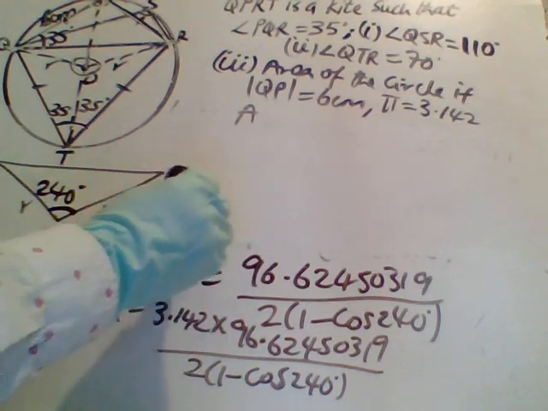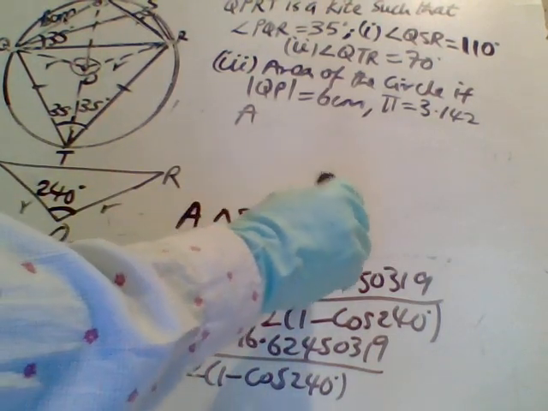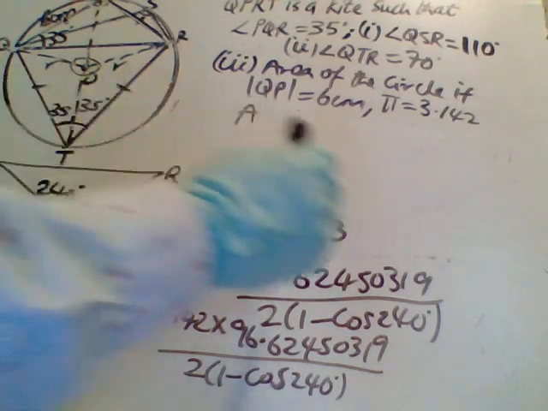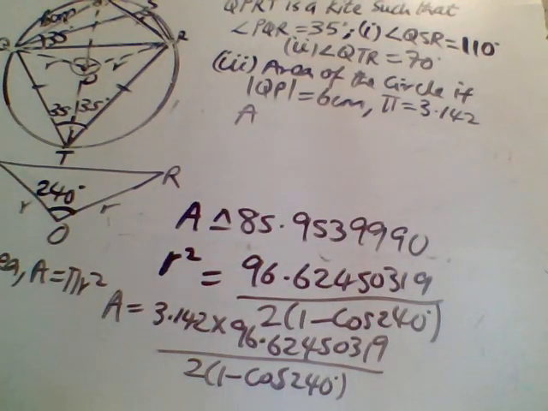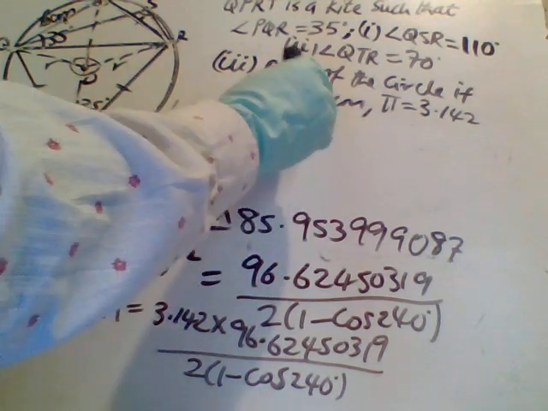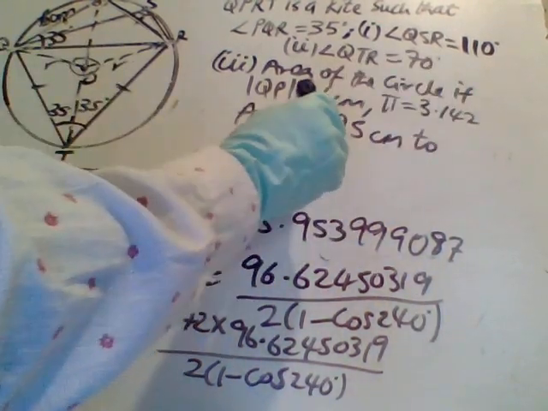If you do solve it, A is approximately equals to 85.95399087. So the area to 2 decimal places, because you are told to leave your answer to 2 decimal places, is 85.95 cm to 2 decimal places, and that is the area of the circle.